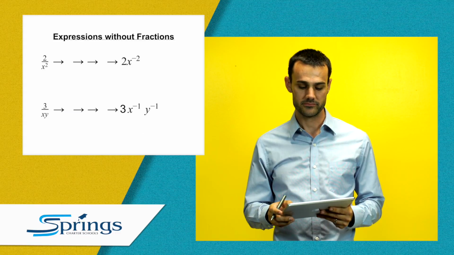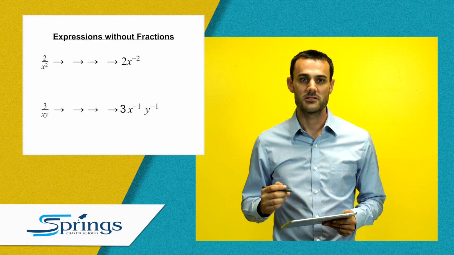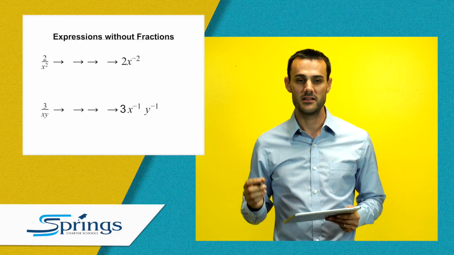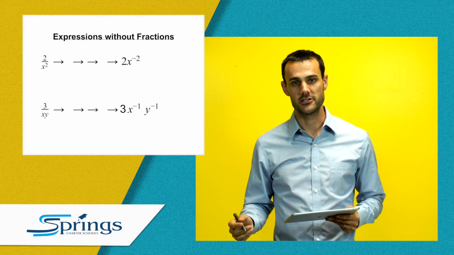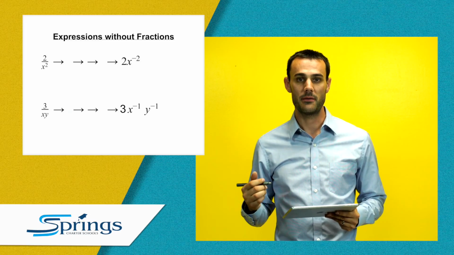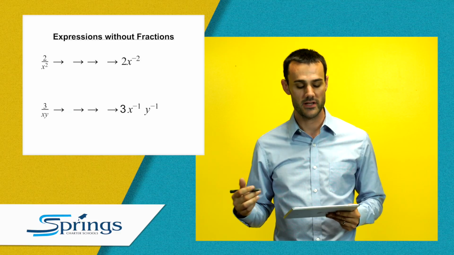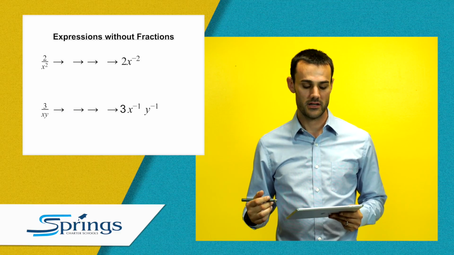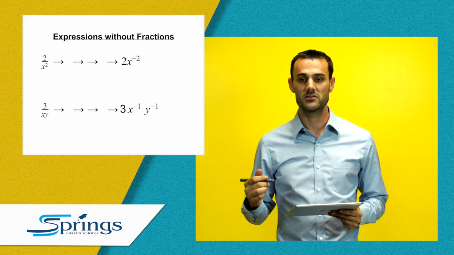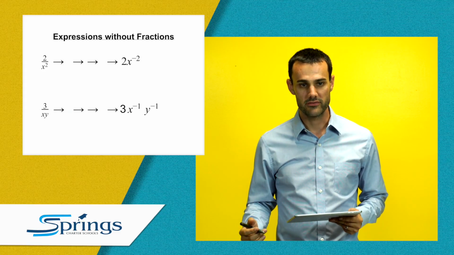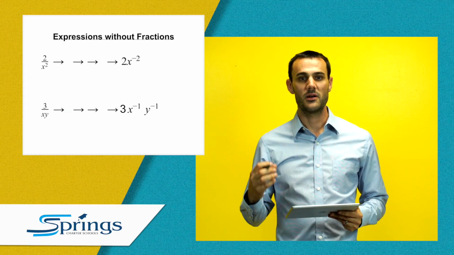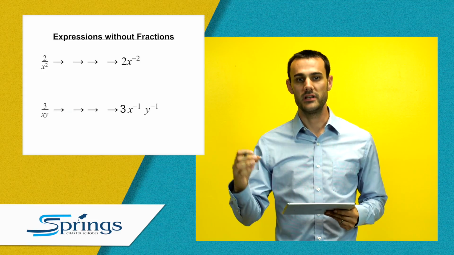Okay, you may come across questions that ask you to express an expression with no fraction. And we need to be able to do this so we can learn the other rules of exponents. So the first one I've got here, guys, is 2 over x squared. Now I need to get rid of the fraction bar, and so in this case I need to take what's on the bottom and move it to the top.